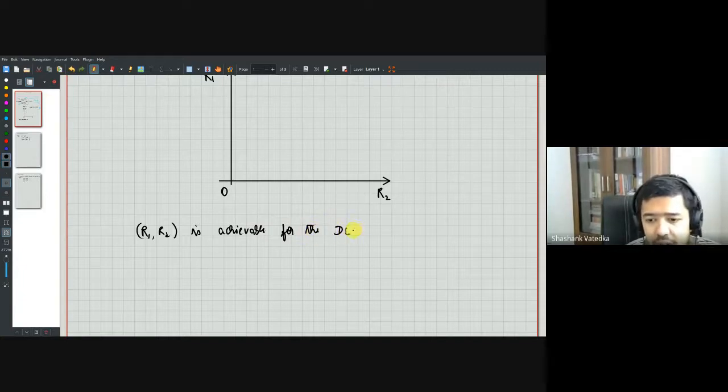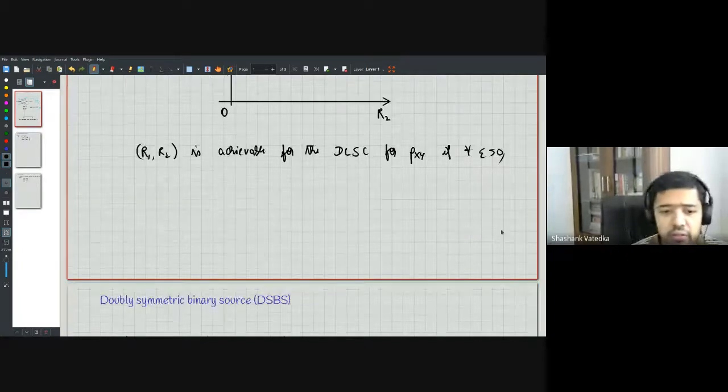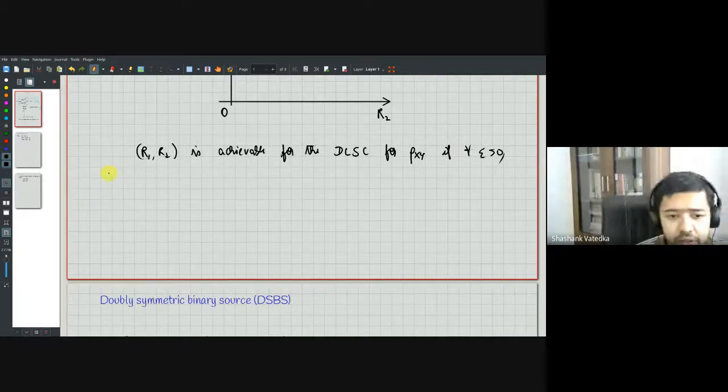for the distributed lossless source coding problem for the source pxy if we can construct encoders and decoders such that, for every epsilon positive, we have a sequence of encoders and decoders.